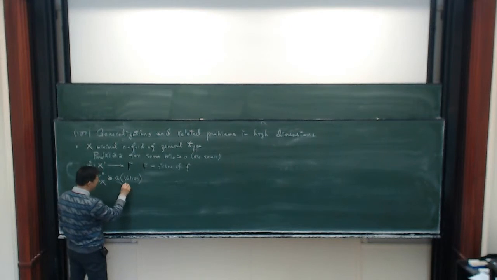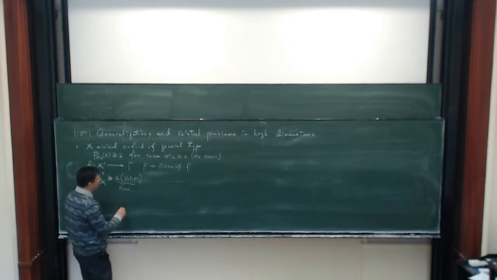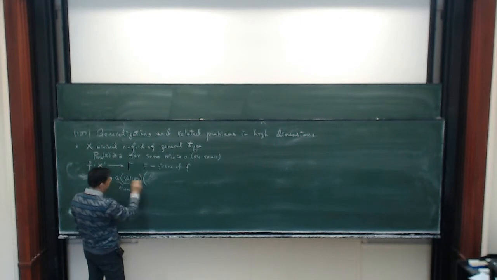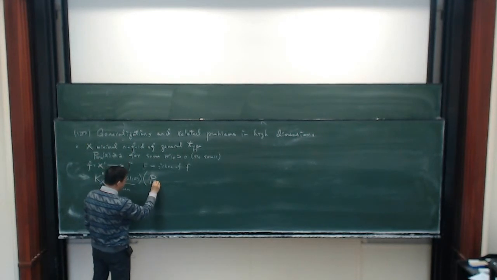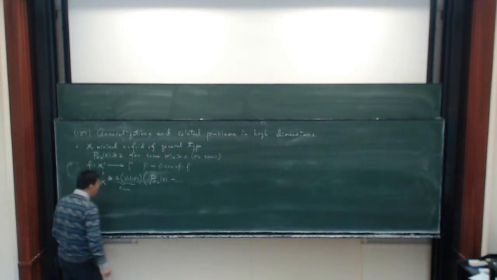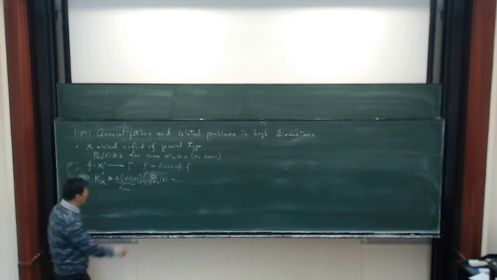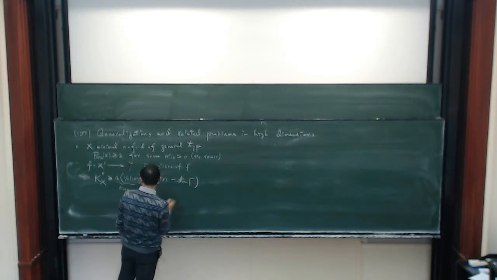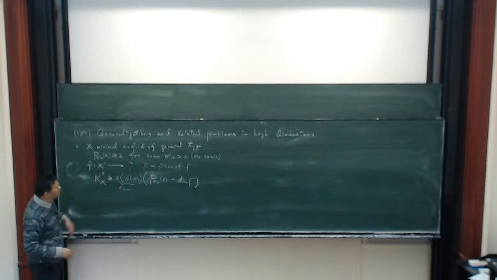So this is a linear function, and times p, where we should replace this by P_m0(x) minus the dimension of Γ. Okay, so we can always do this in the same way.